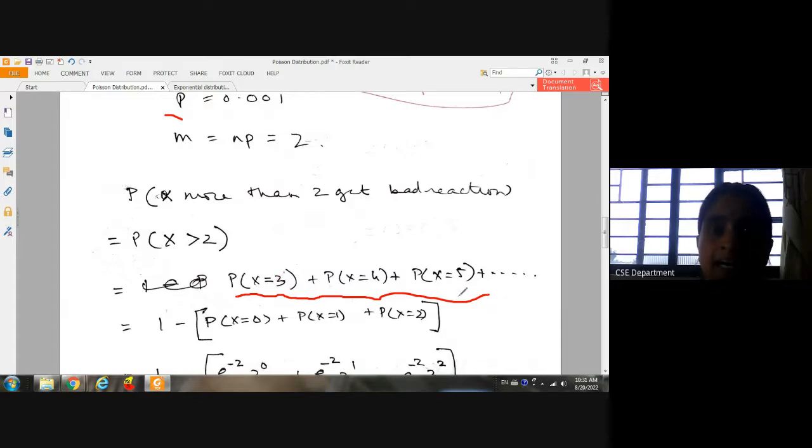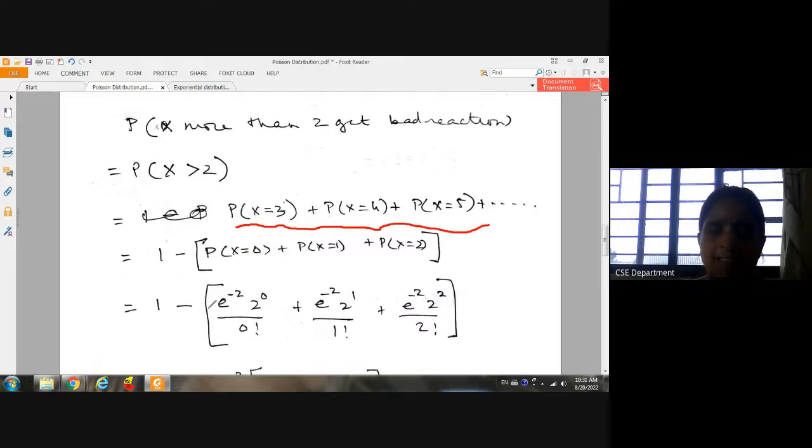So what we do is, the total sum is 1, and from that 1 we remove what we don't need: probability x equal to 0, x equal to 1, x equal to 2. Leaving those, we want to add everything else up. So from 1 we subtract these 3 probabilities.